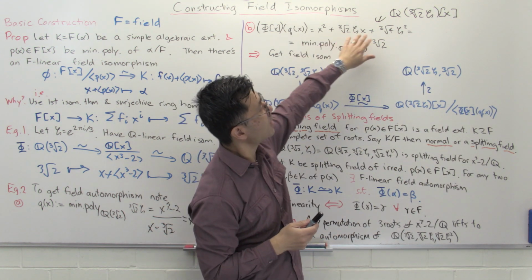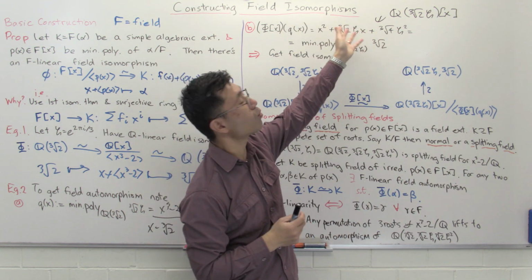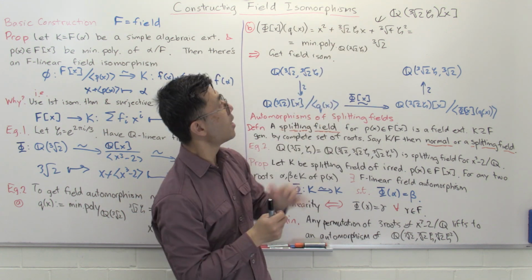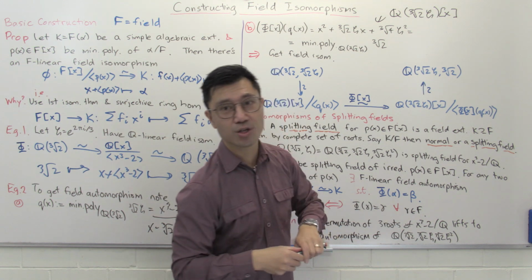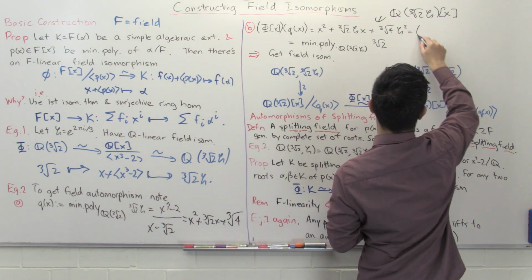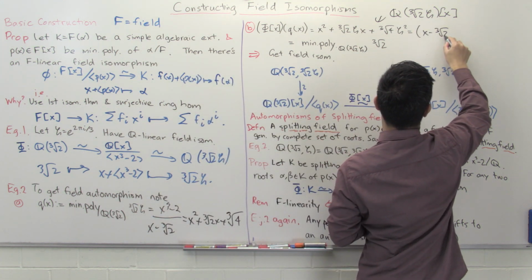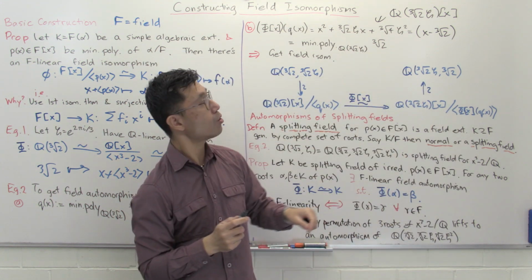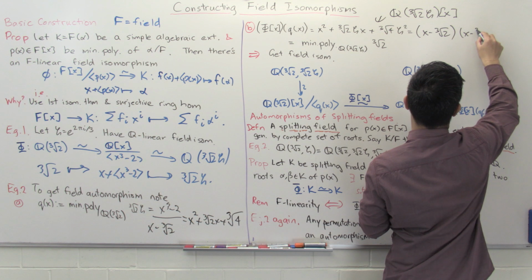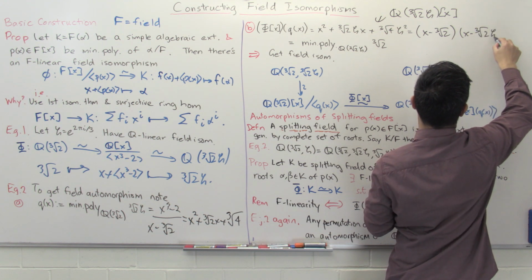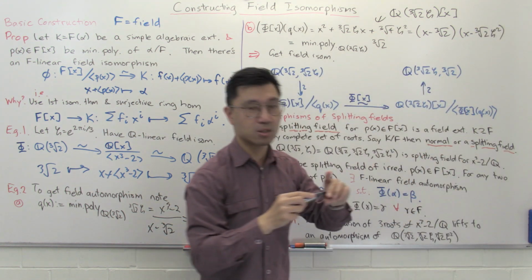Okay, so let's have a look at that, and let's factorize this and see what the roots are inside the complex numbers. It's quite easy to see what the roots are, and you can check this yourself. So one of the roots is cube root of 2, and the other root is cube root of 2 zeta squared.